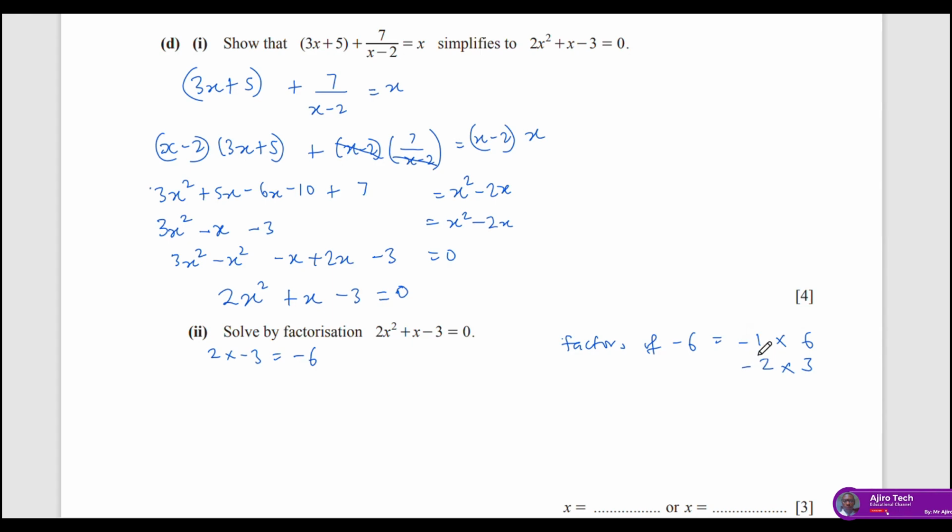So these two add up to give me plus 1. Then I will get to use 2x squared minus 2x plus 3x minus 3 equal to 0.